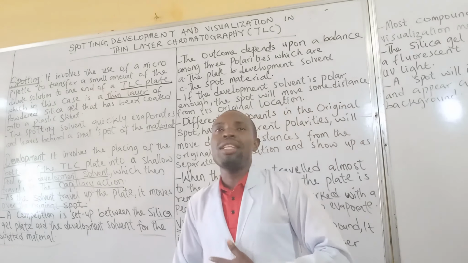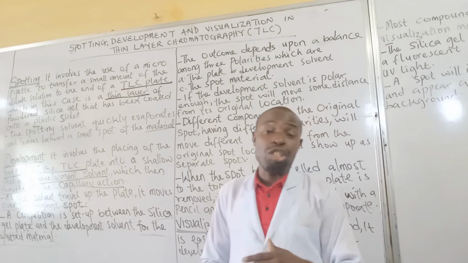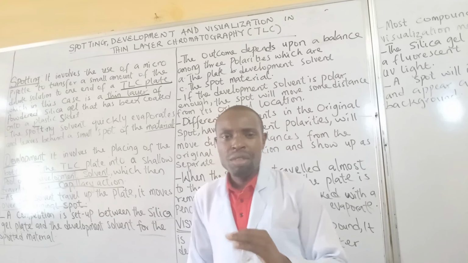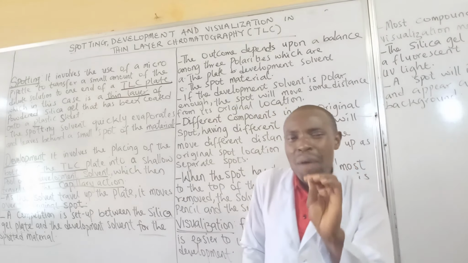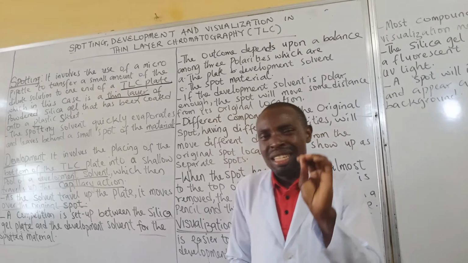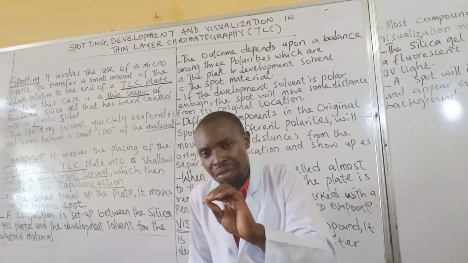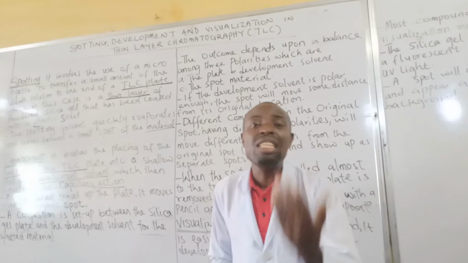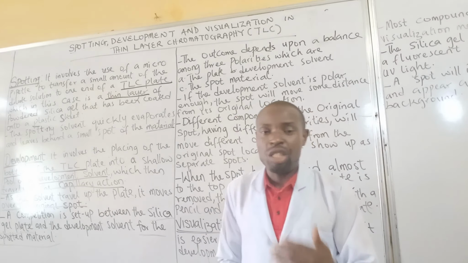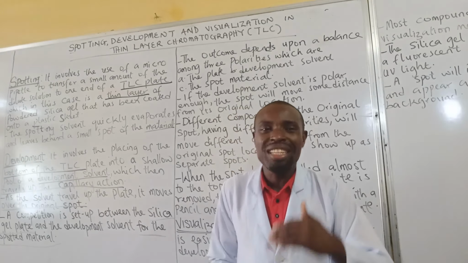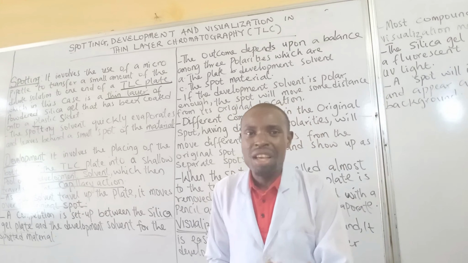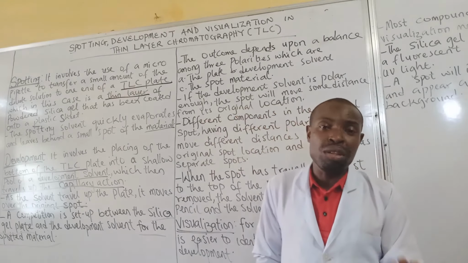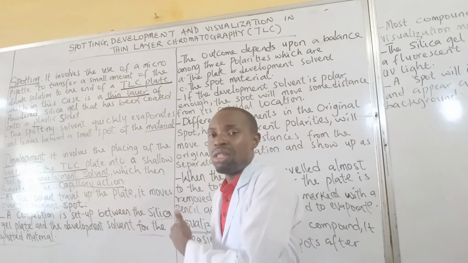When we talk about a volatile solvent, we simply mean a solvent that is easily evaporated. When the sample is dissolved in this solvent, it produces a very dilute solution, about 1%. We then move to step one, which is the spotting step.